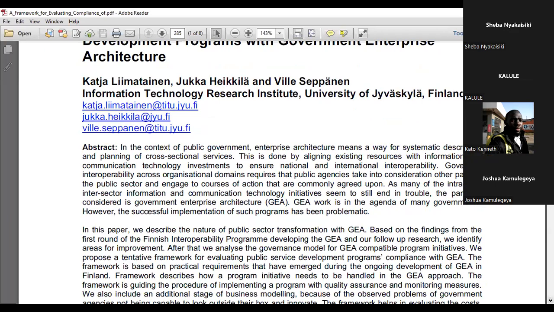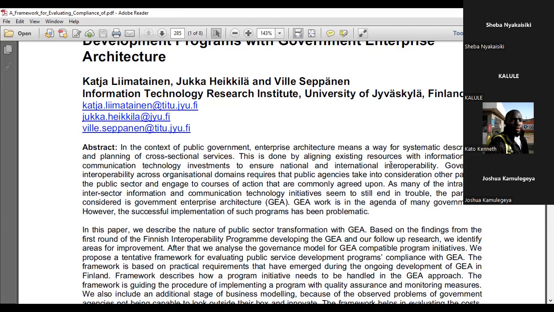This is done by aligning existing resources with information and communication technology investments to ensure national and international interoperability. So this is where I was talking about enterprise architecture. It's there essentially to see that ICT is aligned towards the organization's objectives.